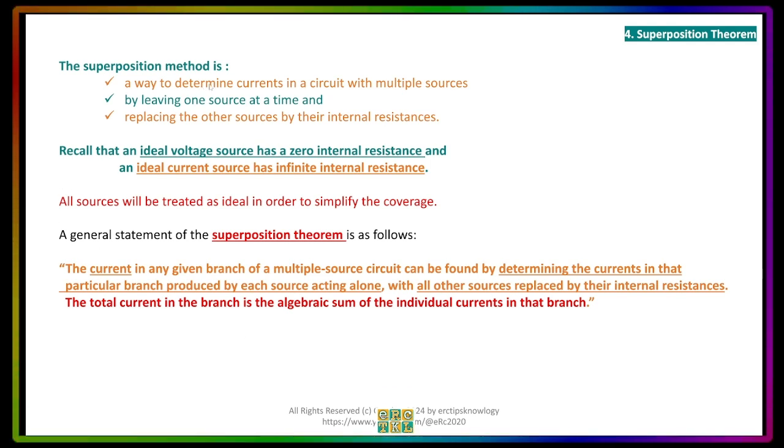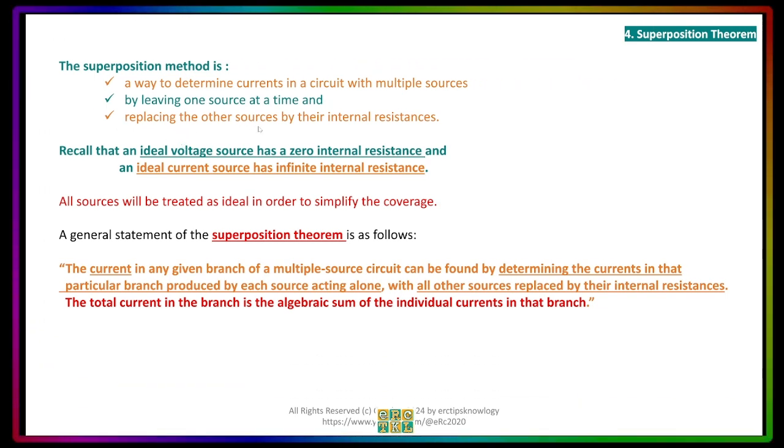The superposition theorem method is a way to find the currents in a circuit with more than one source, meaning two or more sources. And how do we do that? By leaving one source at a time. In other words, we will cancel one source at a time and do some calculations, and then we will put them together later on.